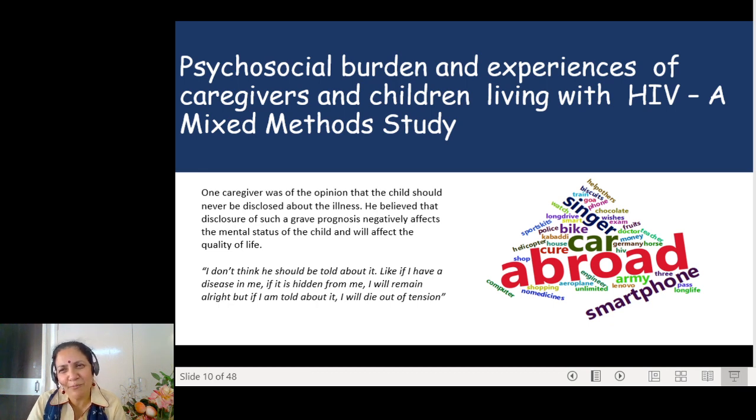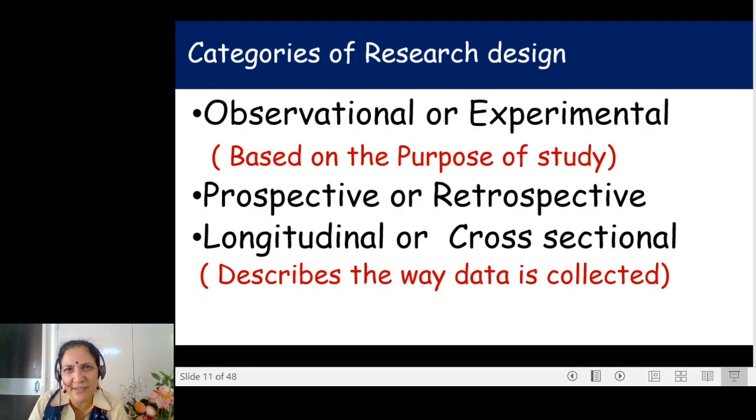And we all know, because they came from Punjab, many persons are actually staying in Canada. So this was the most common wish, and others were having a smartphone, a car, or being a singer. So narrative information is collected in a qualitative study. This also is an observational study.